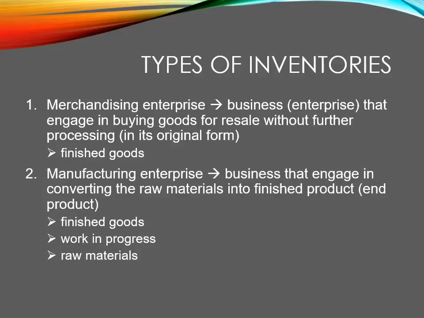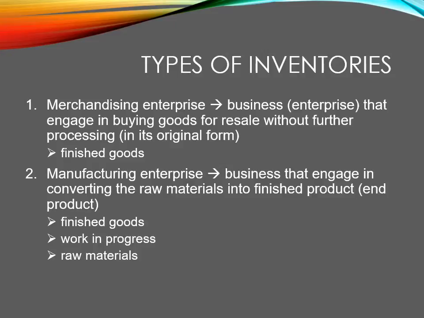However, for a manufacturing enterprise, where the business is converting raw materials into finished goods, let's say in the production line, you have finished goods, meaning the product is already finished processing, and the second inventory would be categorized as work in progress, meaning it's not really finished yet, but in the process of becoming finished goods.